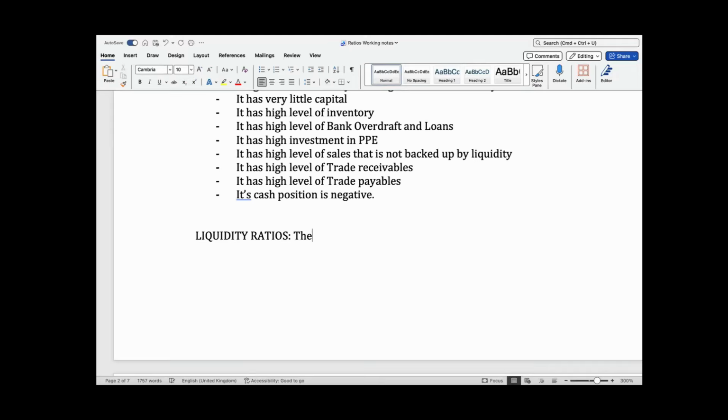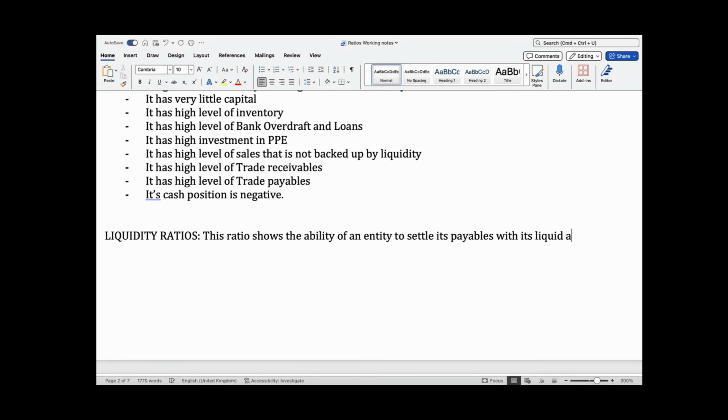This ratio shows the ability of an entity to settle its payables with its liquid assets.